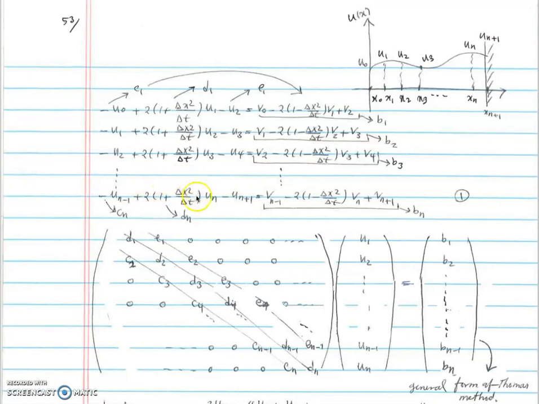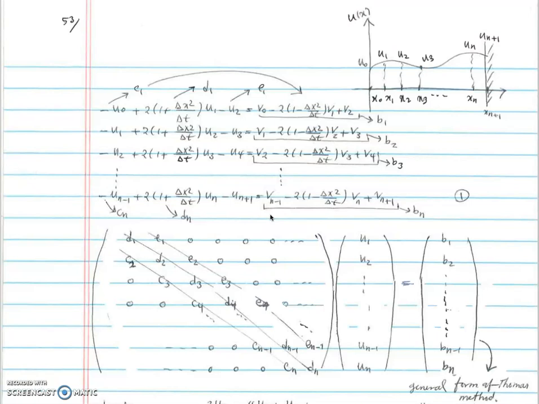The coefficient here is dn, 2 times 1 plus del x squared over del t. And then this negative 1 is en. All right, so cn, dn, en, and everything on the right is bn. Again, these have n subindex because that's the nth equation. That is where I put i equal n. Okay, so let's stop here and then just discuss Thomas method.